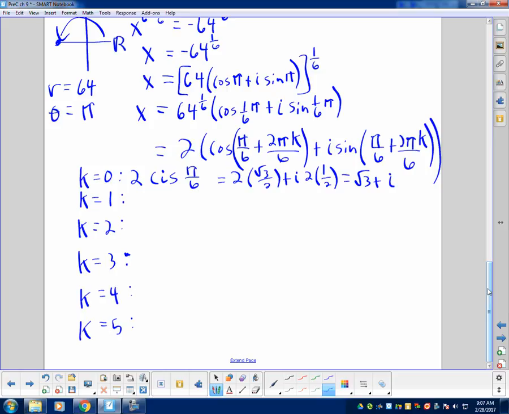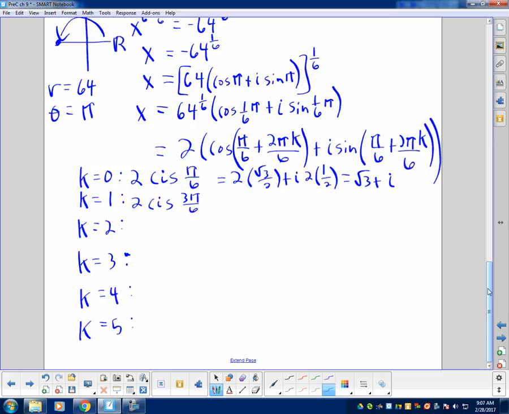Okay, the next one is going to be 2 cis. Okay, let's do the math here. We're going to put a 1 in here. 2 pi over 6 plus pi over 6 gives me 3 pi over 6. So I have cis, and I am going to leave it as 3 pi over 6 for the reason I mentioned before.